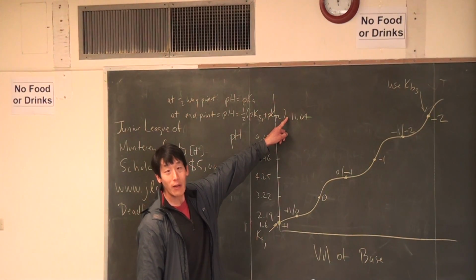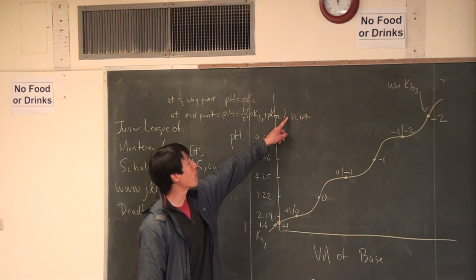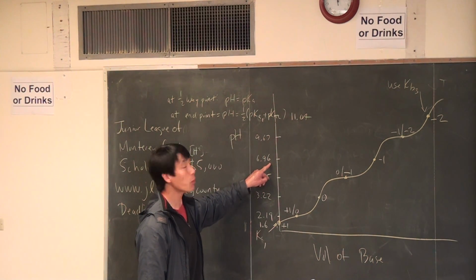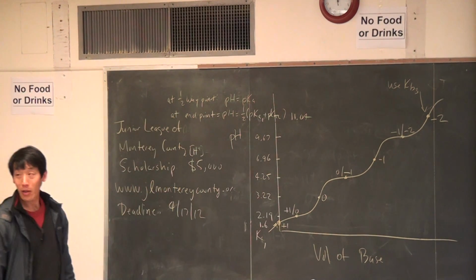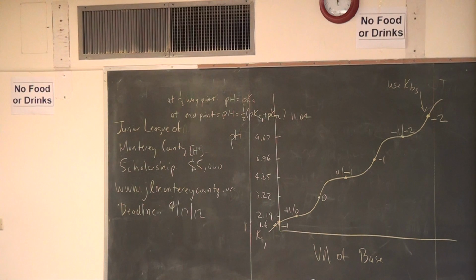So is it better to eat a food which has a pH of 11.04 or a food which has a pH of 6.96? 6.96. Okay, so I'm sure that's one reason why it's MSG and not DSG.